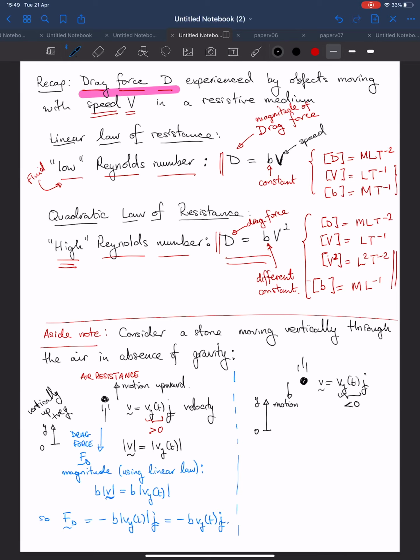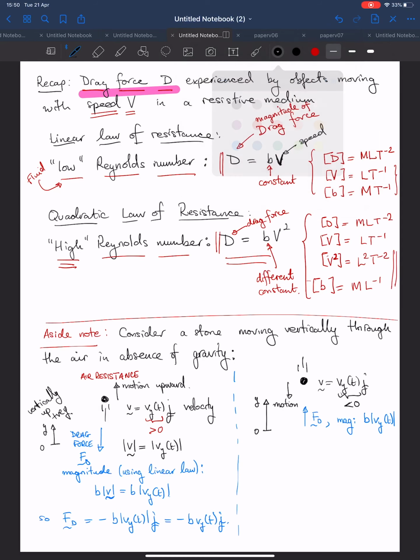Now, in this case, the drag force due to the air resistance again opposes the direction of motion. So F_d is the force that acts up. We know that this has the magnitude b times the modulus of v_y of t.